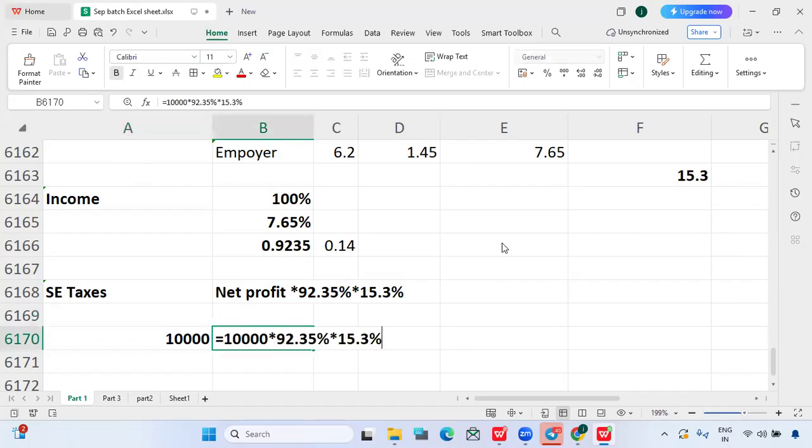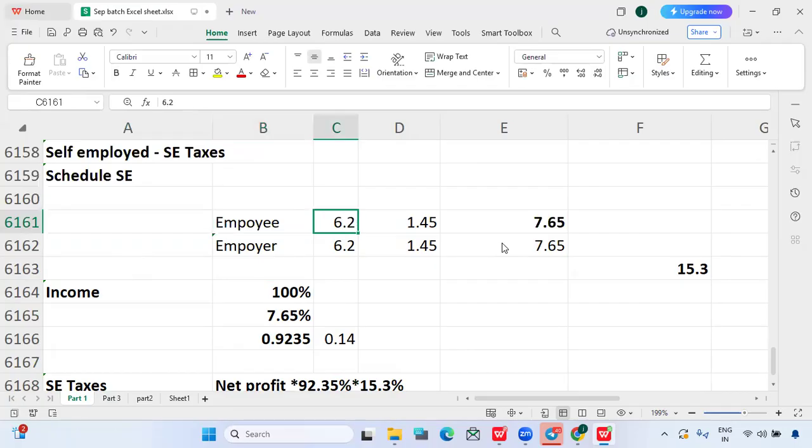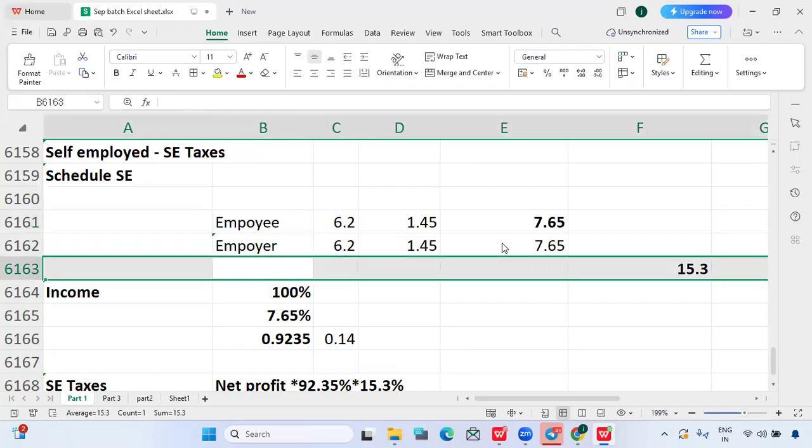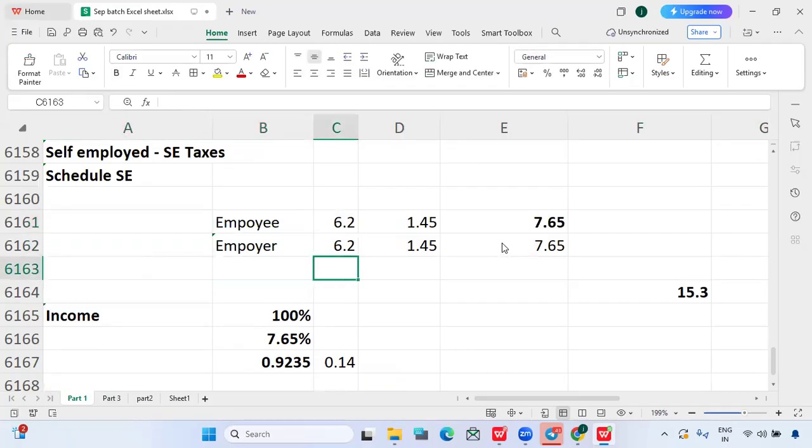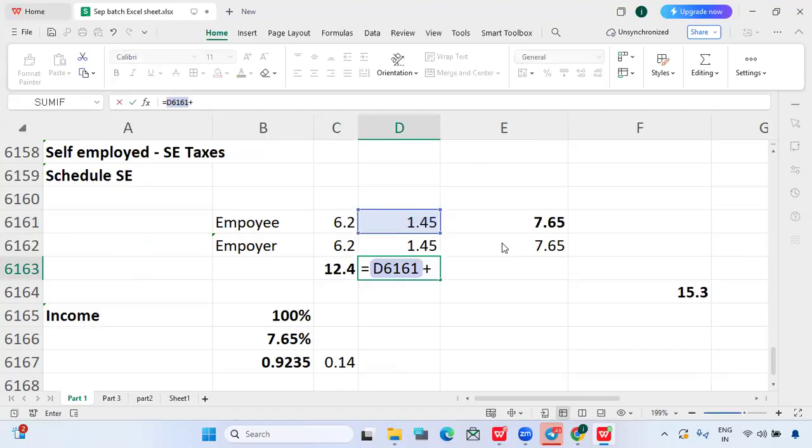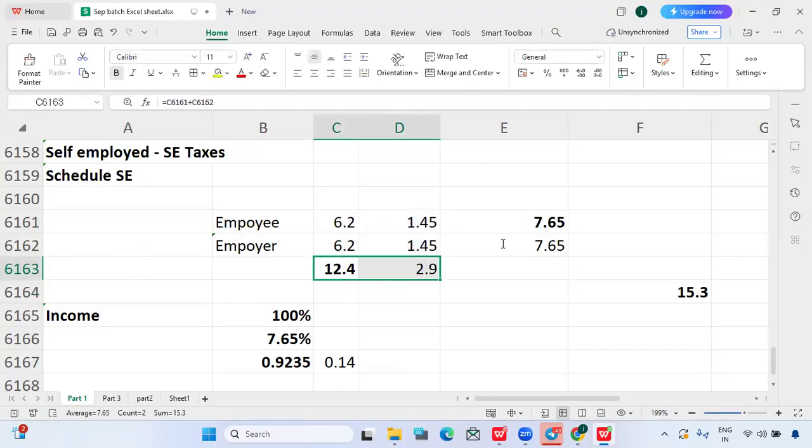Again, in this 15.3 calculation, he is the one employer and employee, so we can sum up the total. Social security percentage in case of self-employed people is 12.4, and Medicare is 2.9.